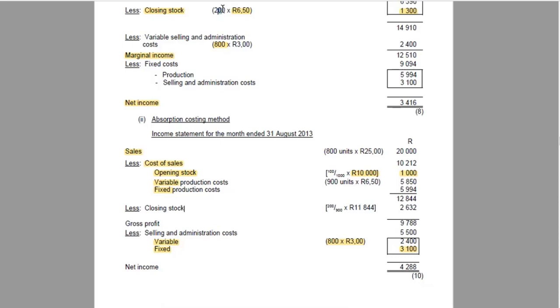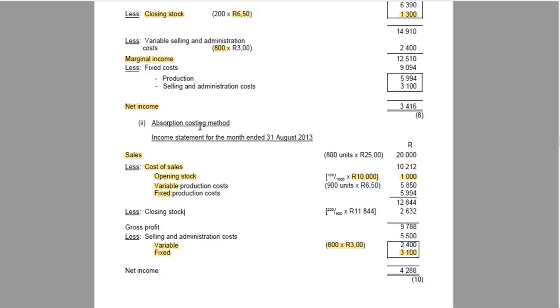You've already calculated what your closing stock per unit is. It's 200. And remember, it's first in, first out. So that means you're only looking at the cost of the last production. You don't include your opening stock. While under your weighted average, remember this number, you would use the 12, not the 11.